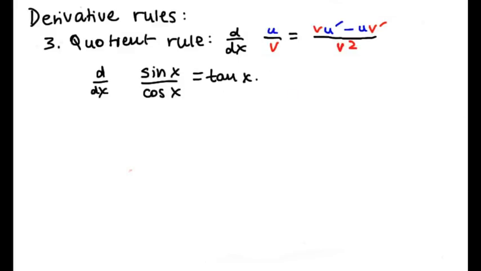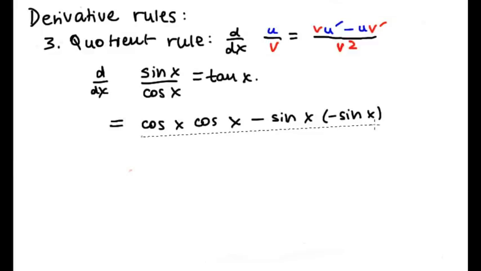So we get v, which is cosine of x, times u prime, which is also cosine x, minus u, which is sine of x, times v prime, which is negative sine of x. Why? Because the derivative of cosine x is negative sine x, and all of that over v squared, which is cosine of x squared.